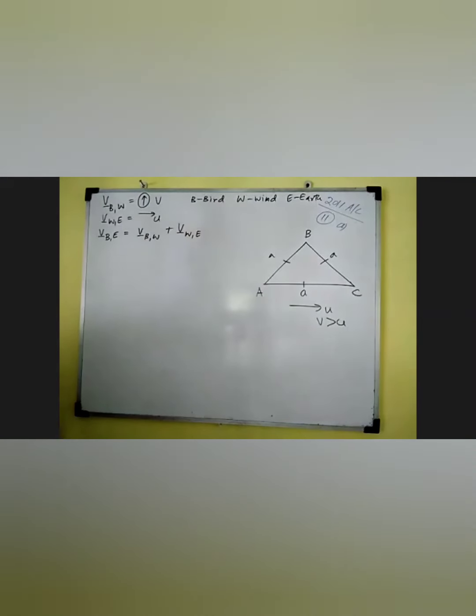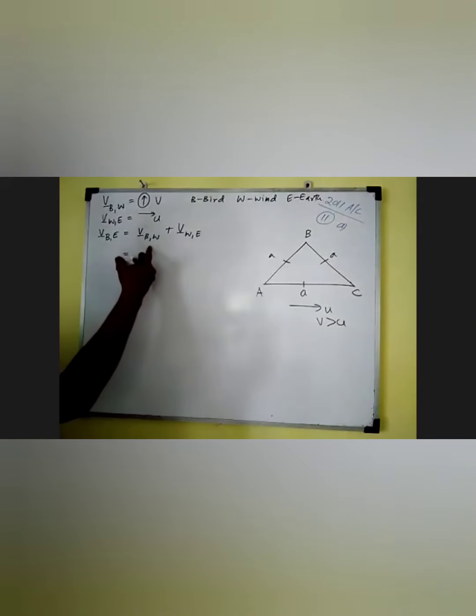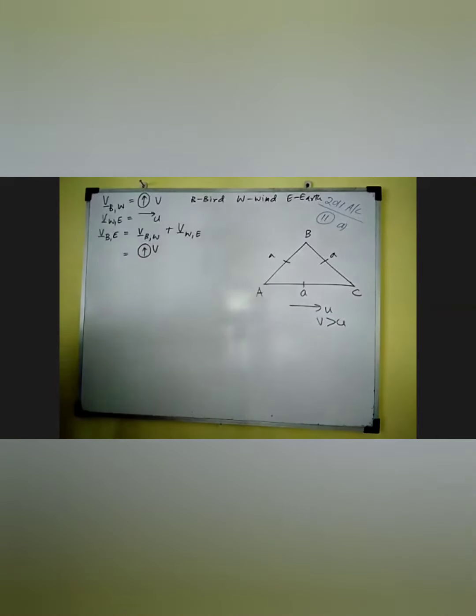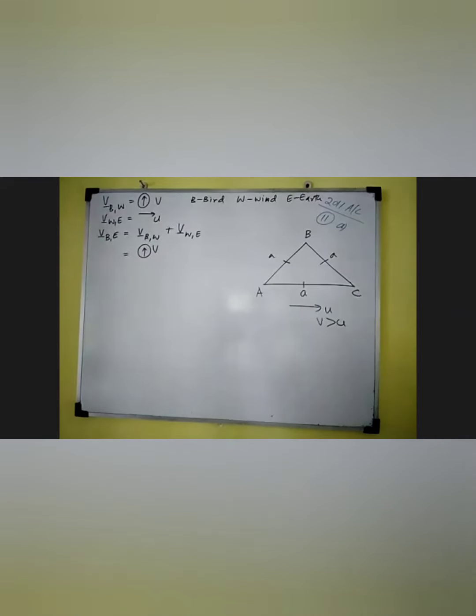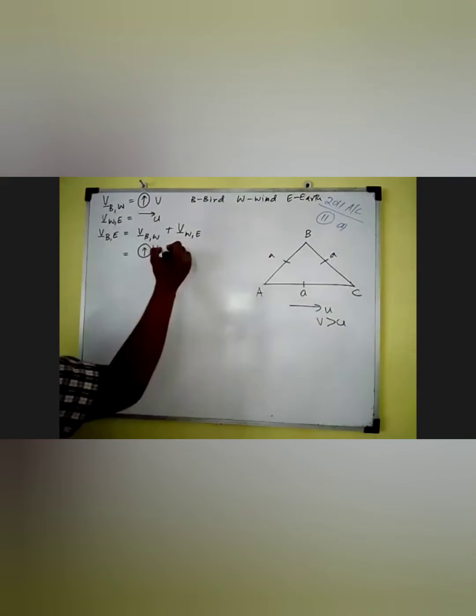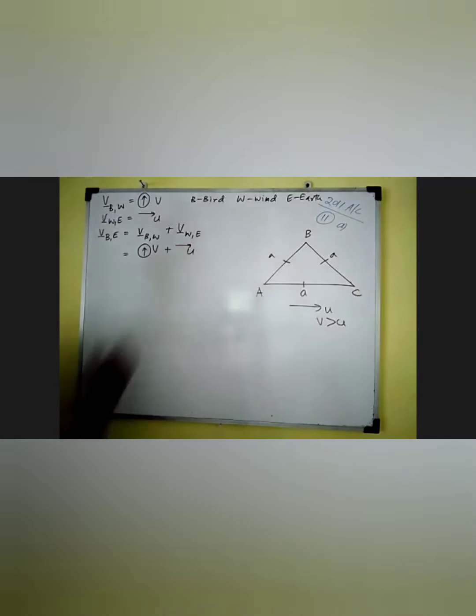Okay, now I can mark the velocities where we know the magnitude and direction. Velocity of bird relative to wind: unknown direction, magnitude v. Then velocity of wind with respect to earth: this one is known.